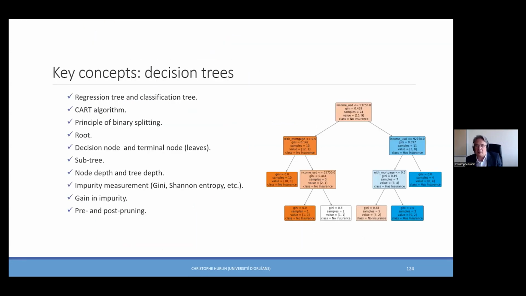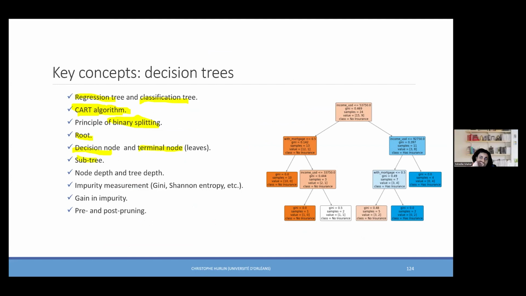So let me summarize. You know what is a regression tree. You know what is a classification tree. You know that the most famous algorithm is CART, proposed by Breiman. This CART algorithm is based on the binary splitting principle. You know what is a root. You know what is a decision node, what is a terminal node or a leaf.